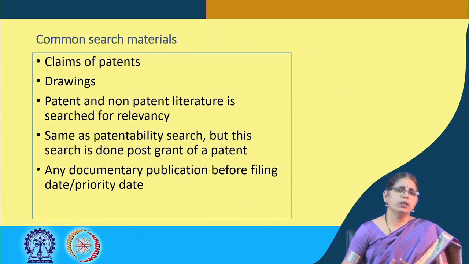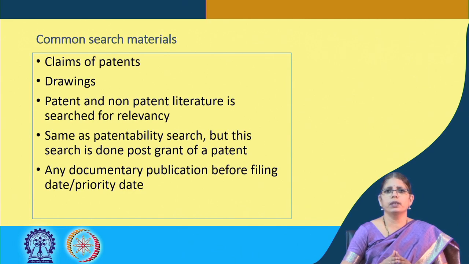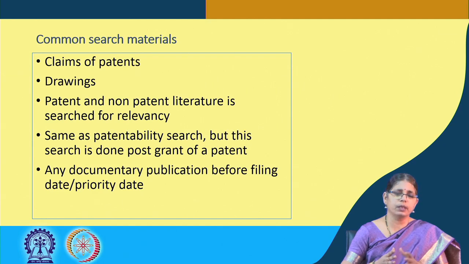So, when we come to the common search materials that are available for a patent validity or an invalidity search, they could vary subtly, but essentially one is looking at the claims of patents, we are looking at the non-patent literature. Drawings, patent images become also very important from the point of view of looking at the considerations of disclosure.